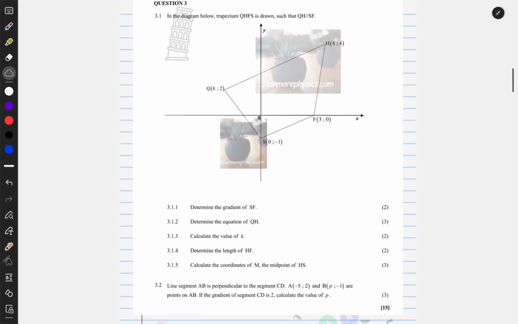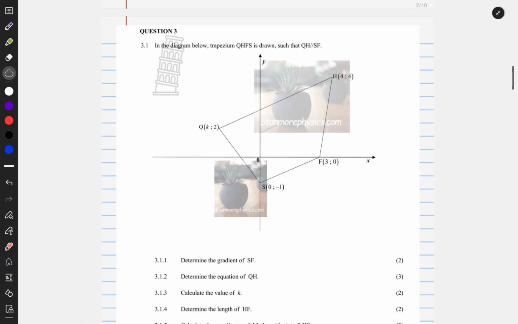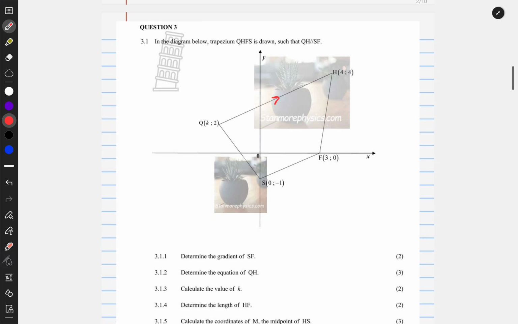So we do have question 3 here, and in this question we are given a trapezium QHFS such that QH is parallel to SF.